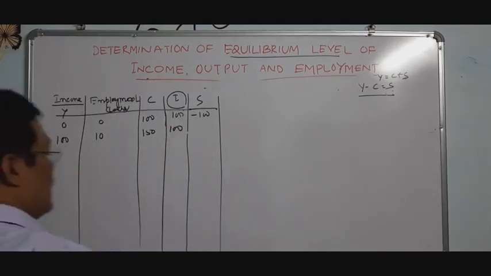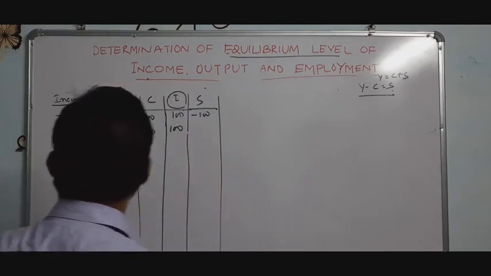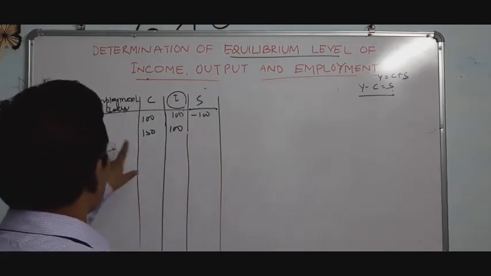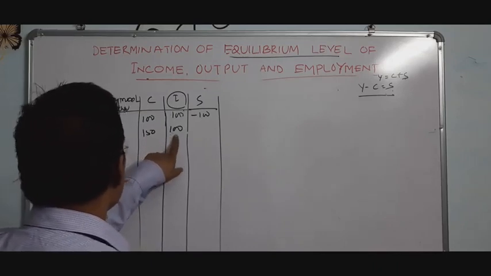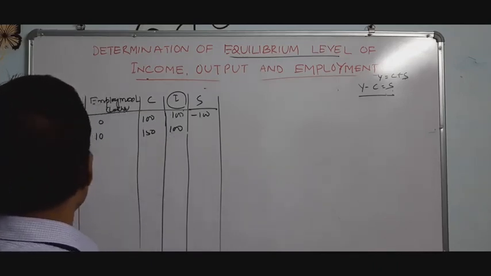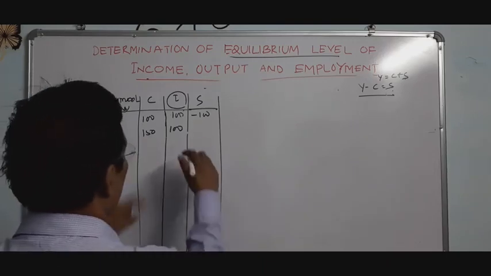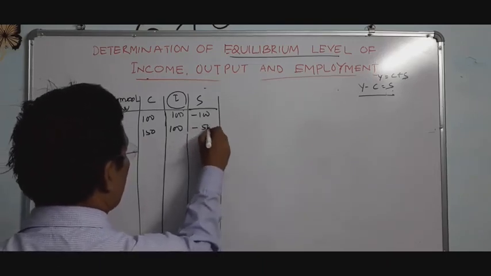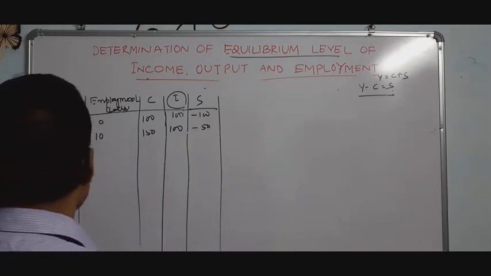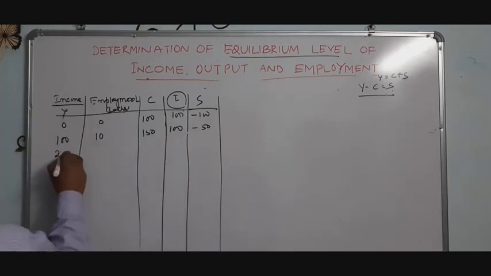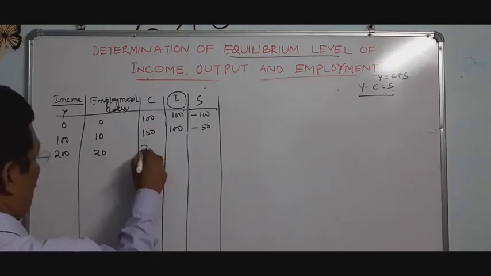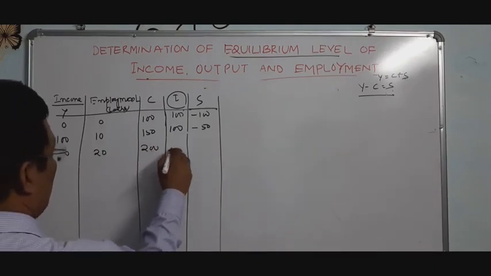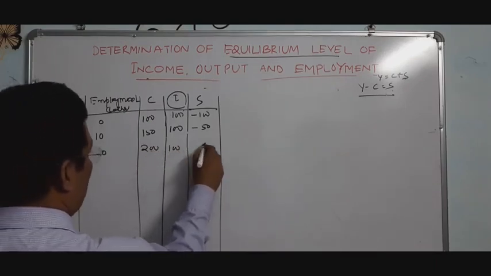When income increases from 0 to 100 crore rupees, employment is 10 lakh, consumption is 150, investment is 100, then Y minus C, the saving, will be minus 50. Similarly, income increases to 200 crore rupees, employment increases to 20 lakh, consumption is 200, investment is 100, and saving is 0.